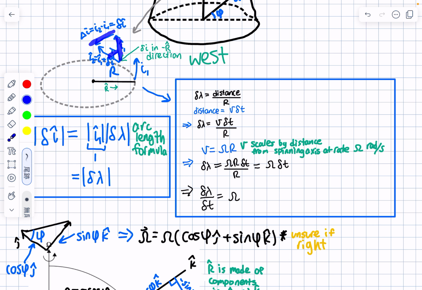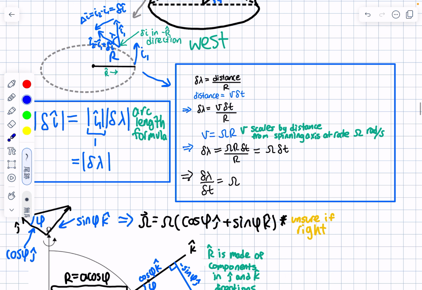And since the magnitude of a unit vector is always 1, we have that the magnitude of di, the magnitude of delta i, is equal to the magnitude of delta lambda. And this we will use later.